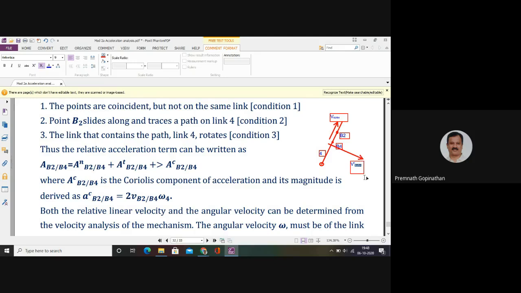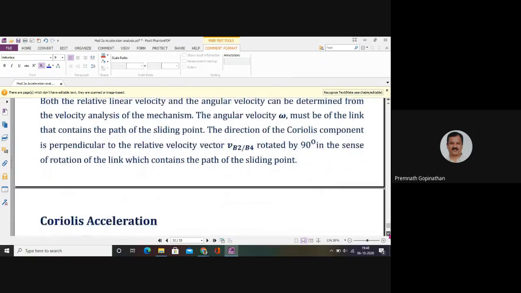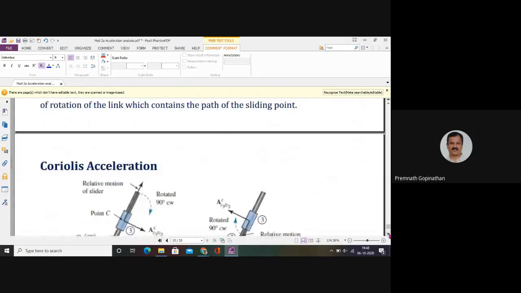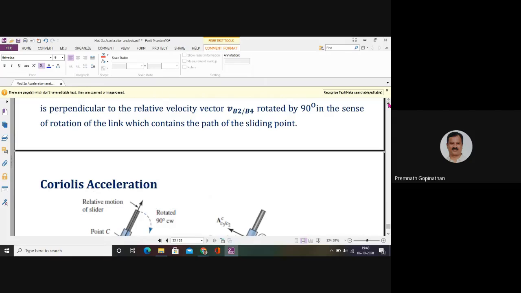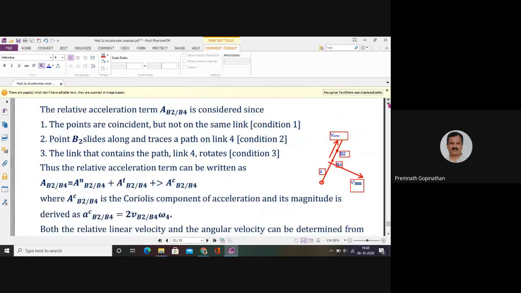So this is the direction of the Coriolis component, and the magnitude is given here. So you can find out the vector. Based on that vector, you'll be drawing the acceleration polygon. So whenever you come across such a sliding condition, you will utilize this technique to identify the Coriolis component, so that the acceleration analysis will be complete.